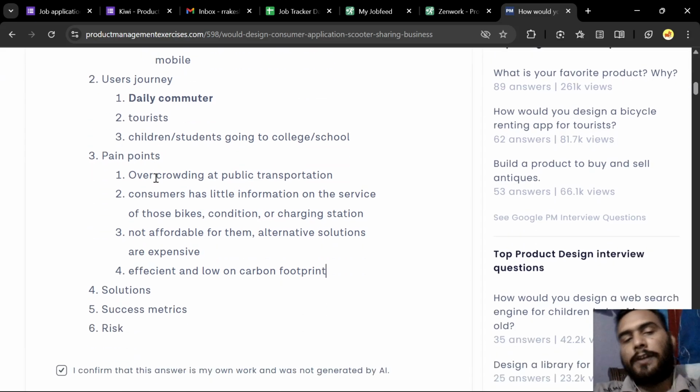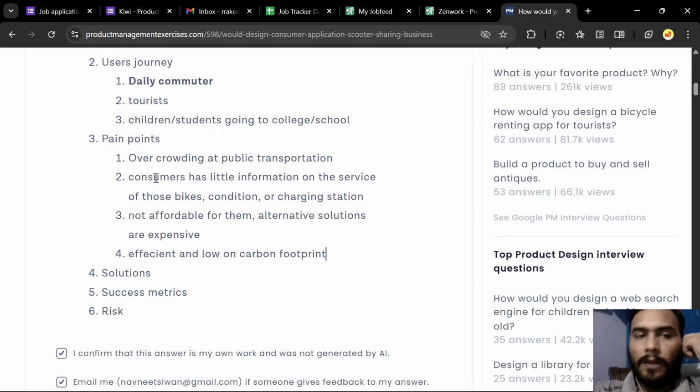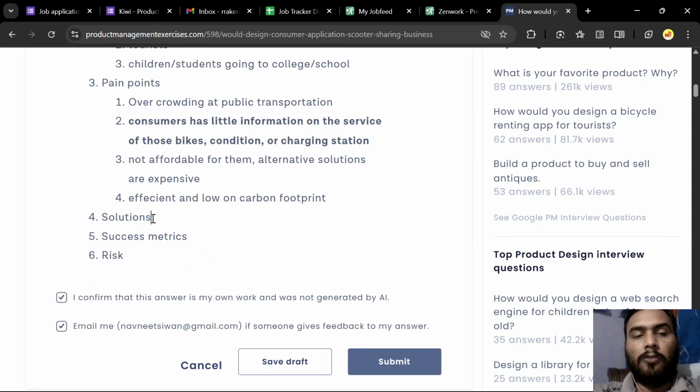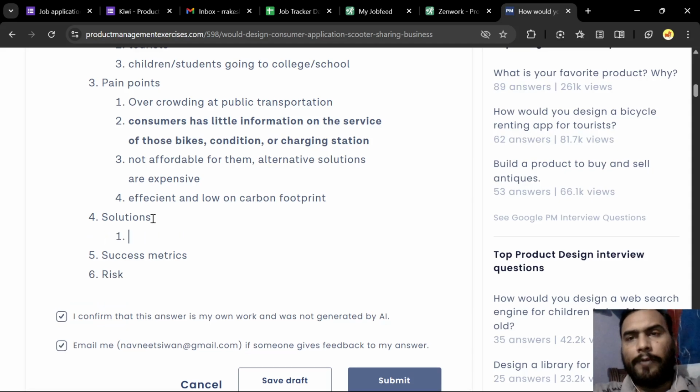One of the most critical is the second pain point, the consumer who is looking for a daily commute. There is very little information available on the internet or provided by the organizations running those bike stations or bikes. There is not much information available in the market or on any platform.